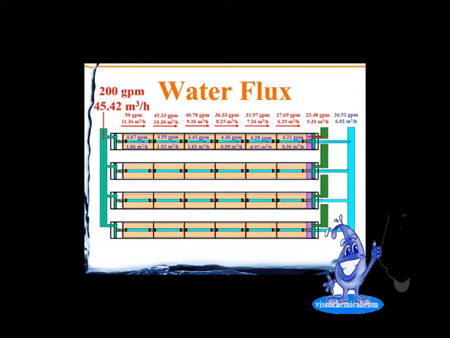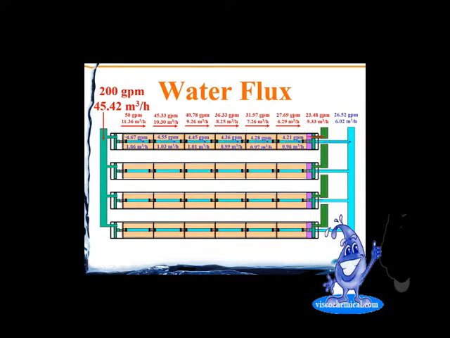Here's just an illustration of a 4-pressure vessel stage of an RO unit. We see here, with American units and metric units, that each RO membrane element in series makes less permeate. Because it makes less permeate, the GFD is lower.